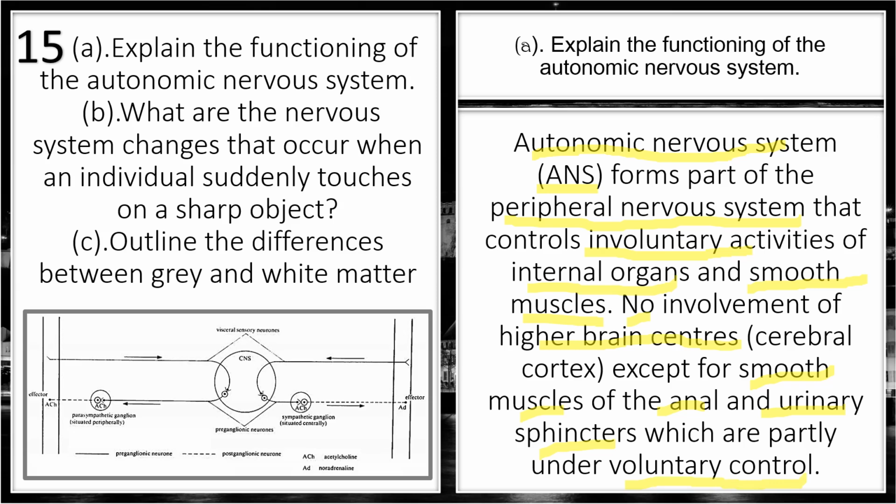So we have the autonomic nervous system, part of the peripheral nervous system, but it controls involuntary activities of internal organs and some smooth muscles, where there is no involvement of the cerebral cortex, apart from a few smooth muscles of the anal and urinary sphincters that are also partly under voluntary control.